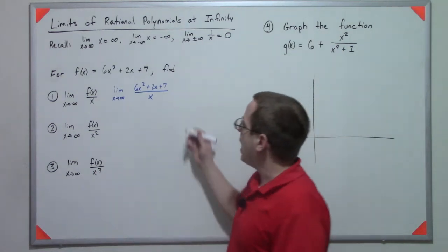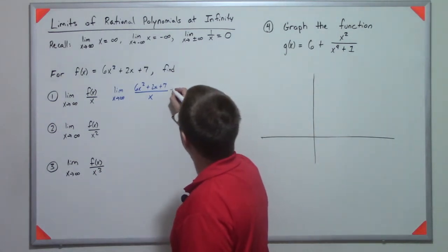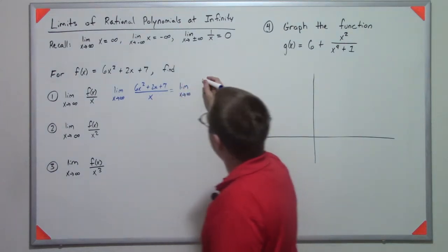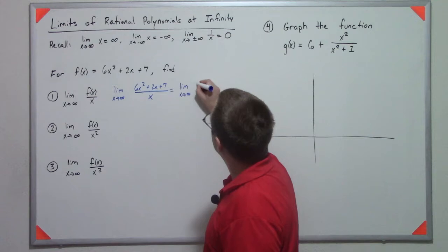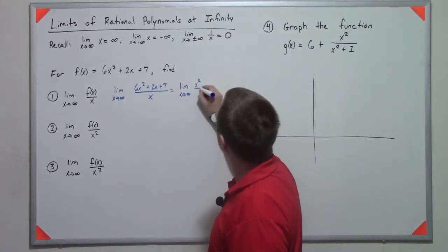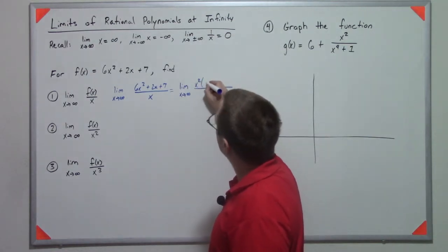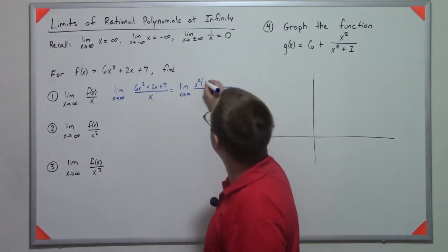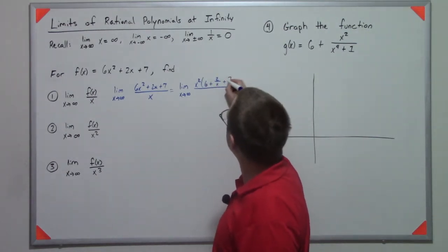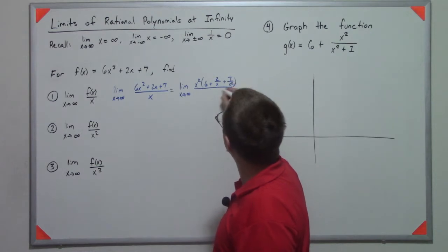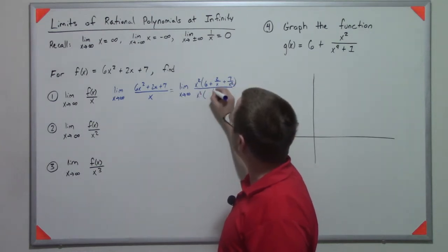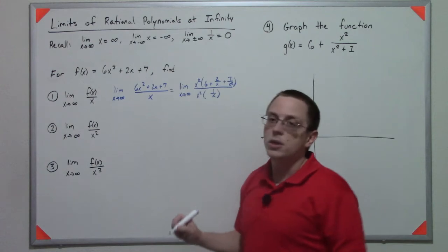So using algebra here, what we will get is the limit as x approaches infinity of x squared times 6 plus 2 over x plus 7 over x squared, times 1 over x.